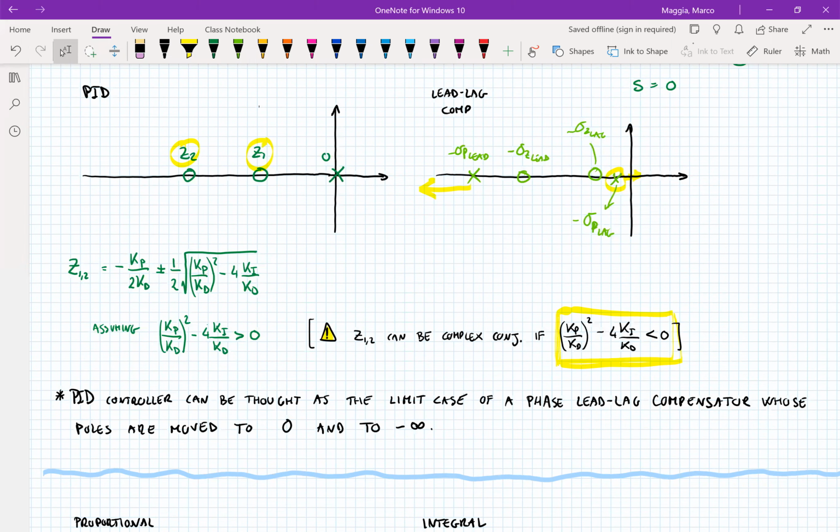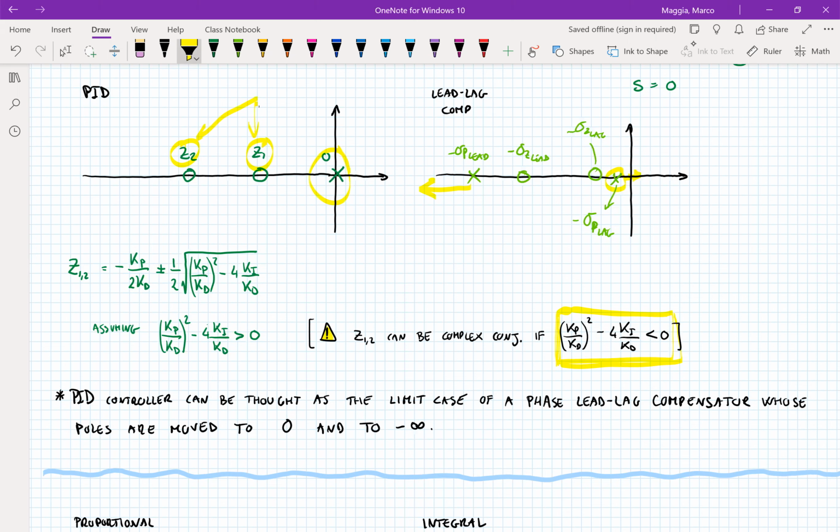The main difference is that the lead lag compensator can only have poles and zeros that are real, whereas with a PID, you have the luxury of having the two zeros be complex conjugates, but at the same time, you have only one pole, and that is at the origin.